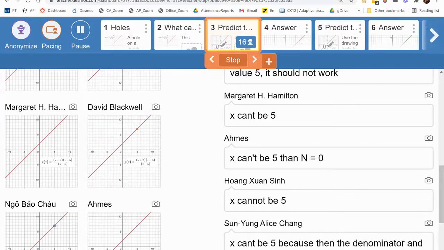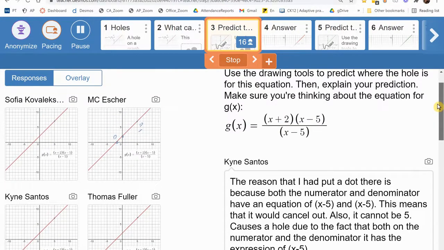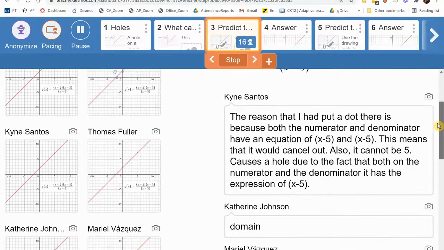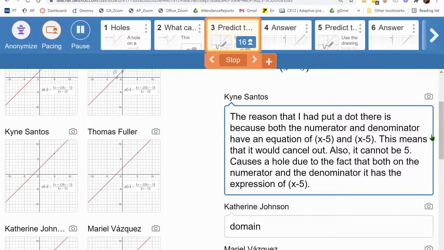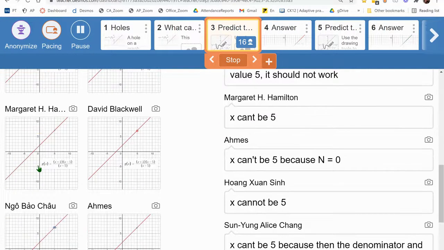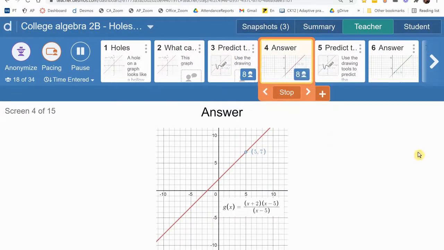If you're going to get what number is going to make that happen. Good. All right. Most people have the hole in the correct place now. You should have your hole right at, and I'm going to go ahead and swoop us forward so you can see the answer to this one.